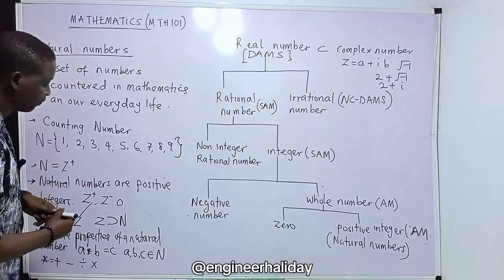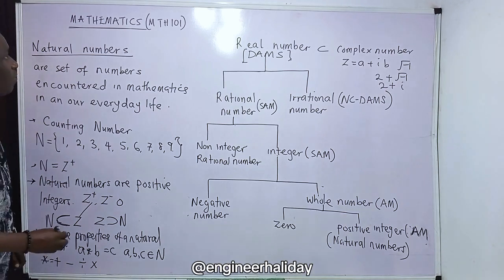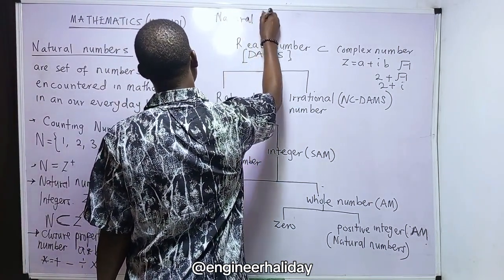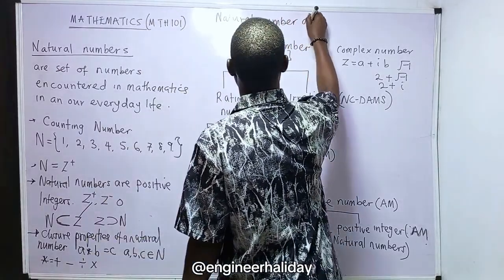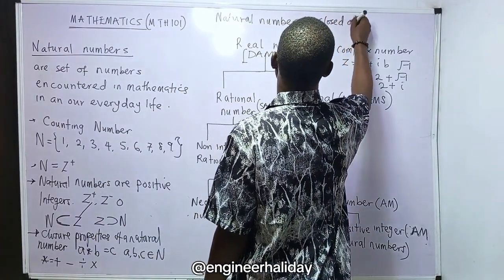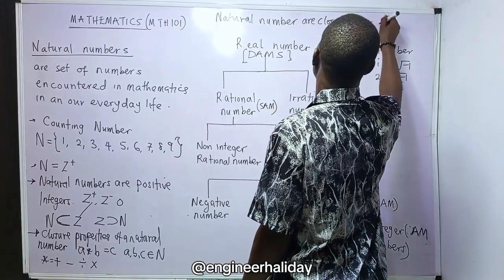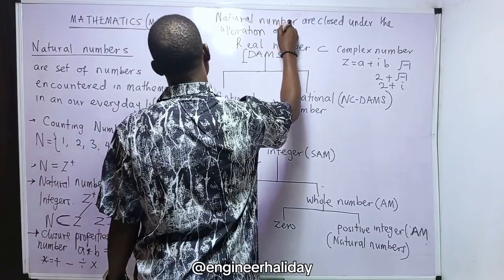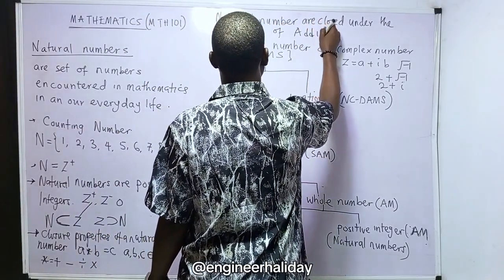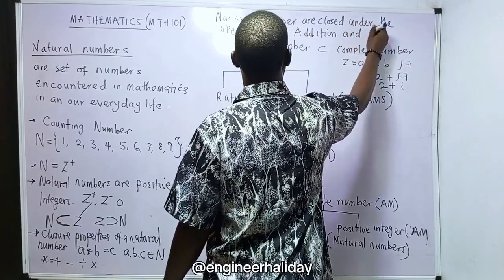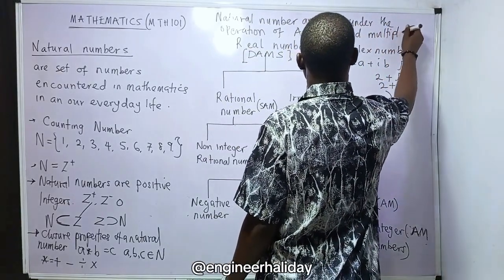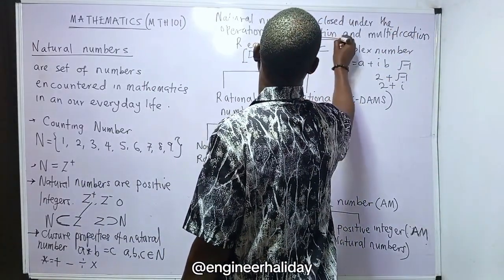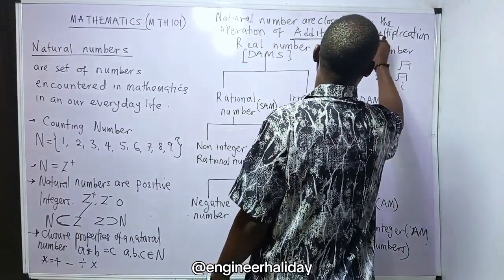So AM means that natural numbers are closed under the operation of addition, which is A, and multiplication, which is M.